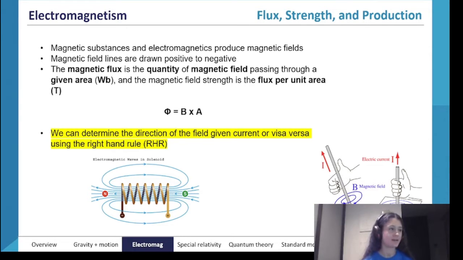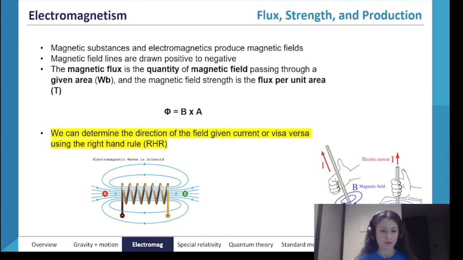The magnetic flux is the quantity of magnetic field passing through a given area, and the magnetic field strength is the flux per unit area.